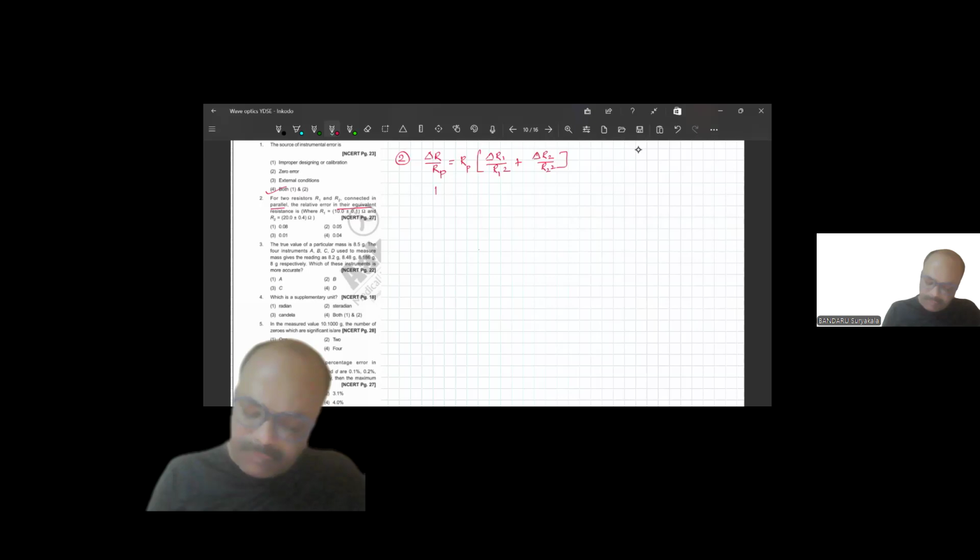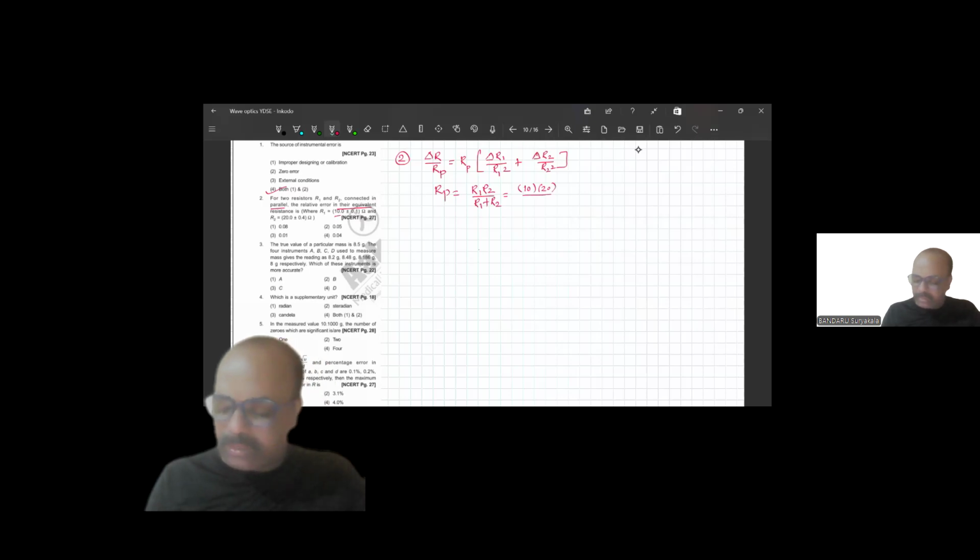So RP we want first. RP equals R1 R2 by R1 plus R2. Here R1 is 10, this is 20. So 10 into 20 by 10 plus 20, it becomes 30, so it becomes 20 by 3 ohms.